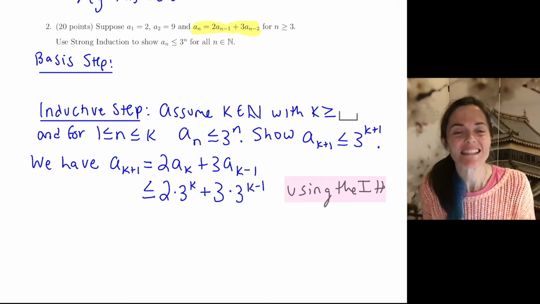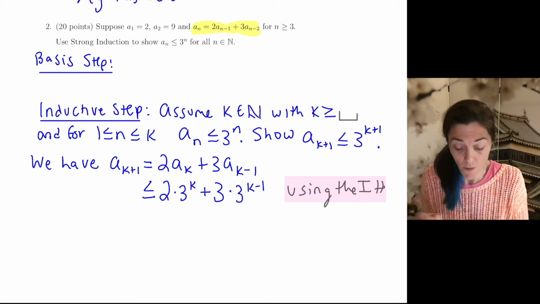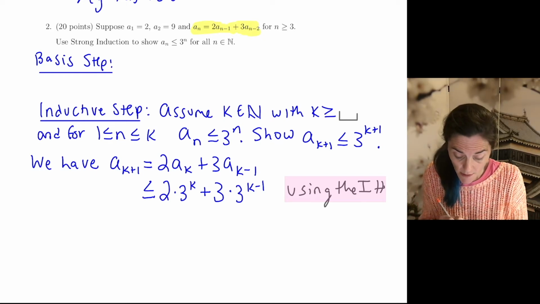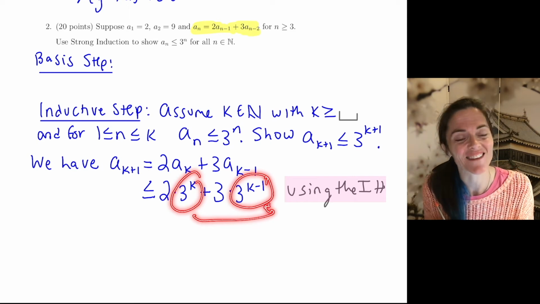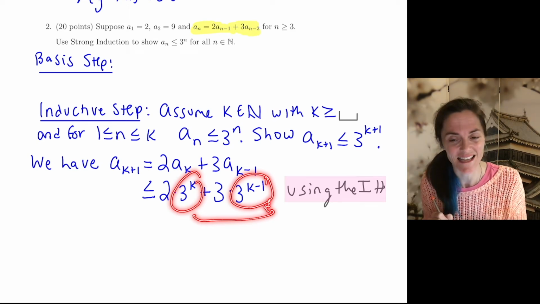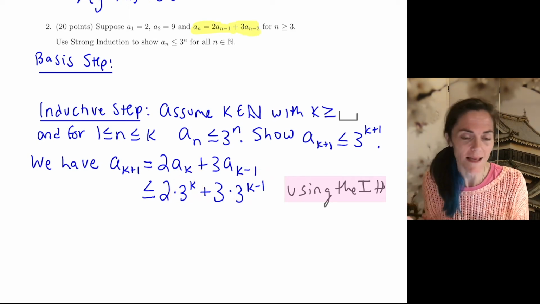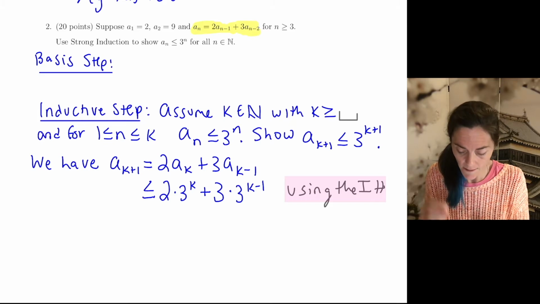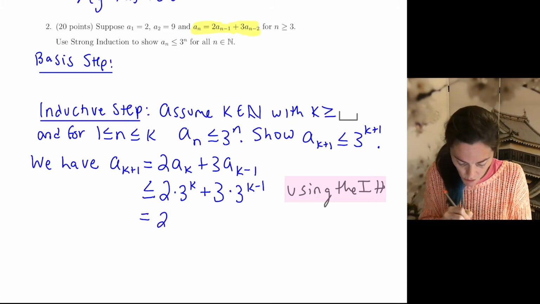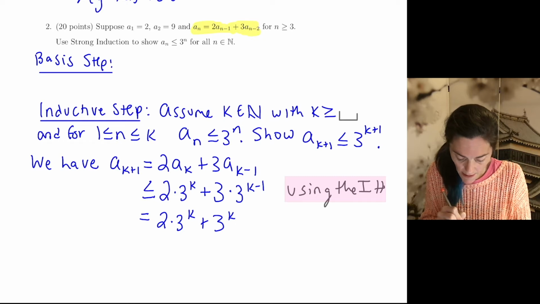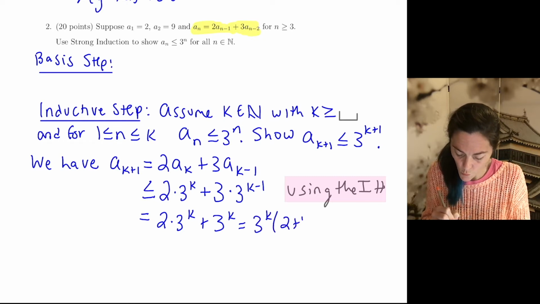Now we know exactly how many cases we will have to check in our basis step, because I used the inductive hypothesis stepping back 2 times. I will need 2 cases in my basis step. But before I go back and do that, I'll just finish my argument here. This is 2 times 3 to the k plus 3 to the k. And then I can factor out a 3 to the k, and I have 2 plus 1.